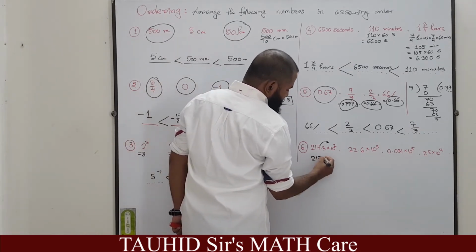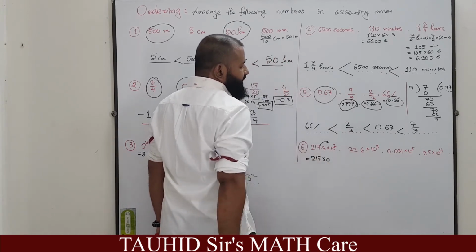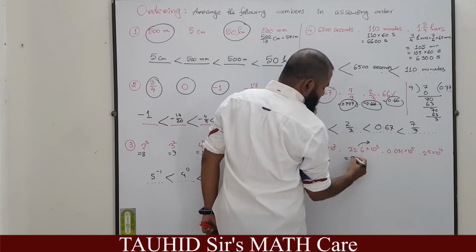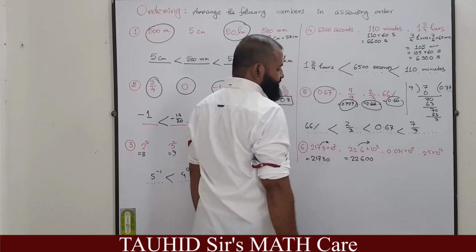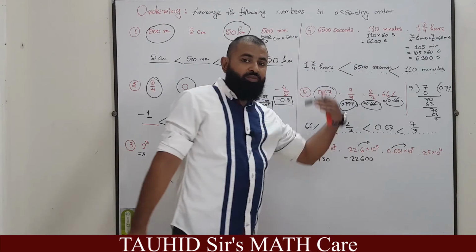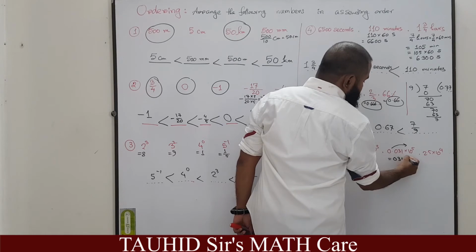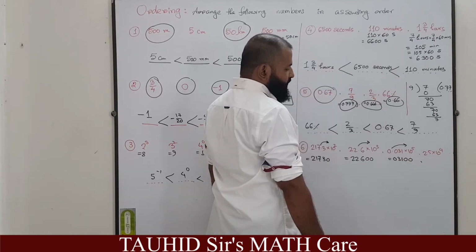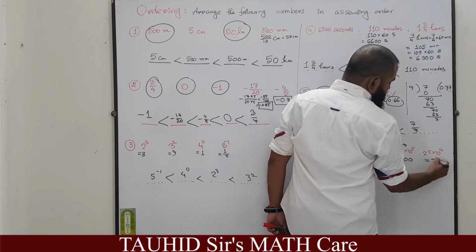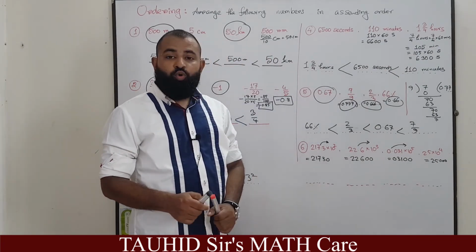So 21730. 22.6 multiplied by 10 to the power 3, that means this decimal will go 3 decimal places rightward, 22600. 0.031 times 10 to the power 5, this will go 5 decimal places rightward, 3100. 2.5 times 10 to the power 4, this decimal will go 4 decimal places rightward, 25000. Now see which one is the smallest.